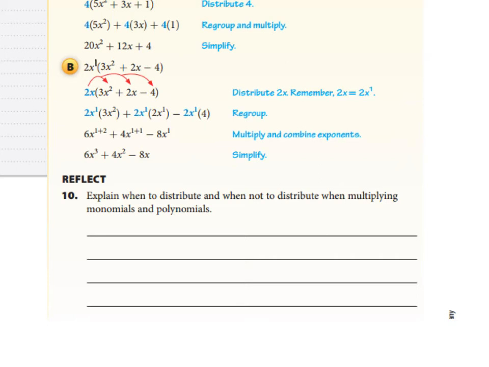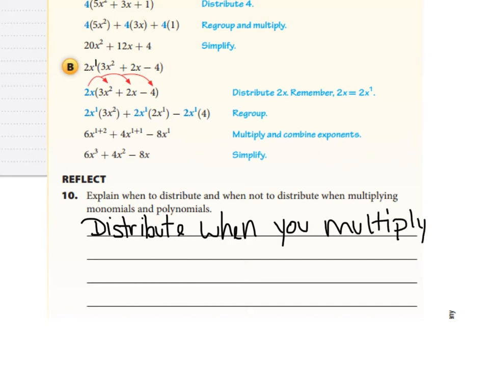So question number 10 says, explain when to distribute and when not to distribute when multiplying monomials and polynomials. Well, we distribute when you multiply a monomial times a polynomial.